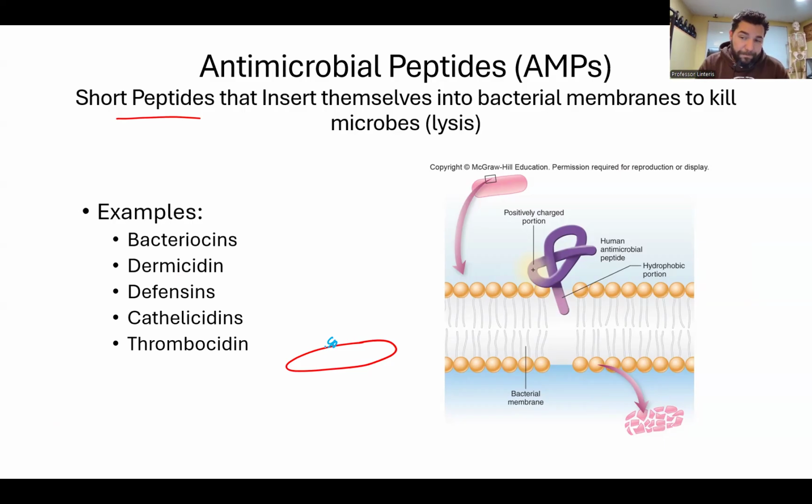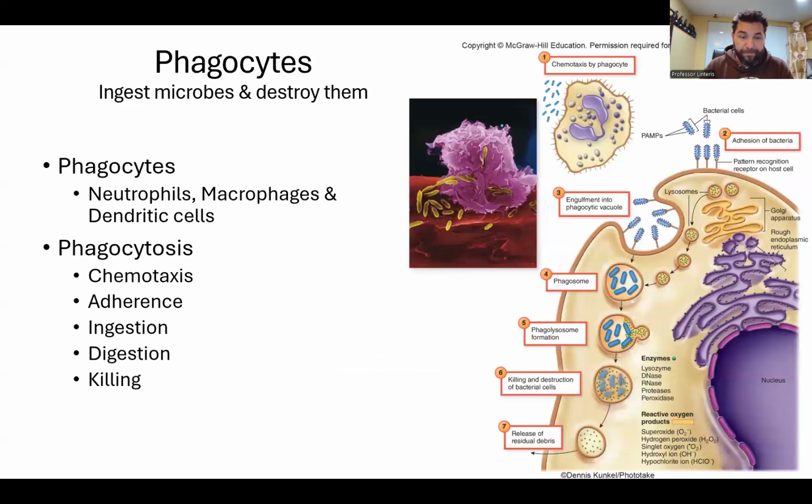It causes lysis, right? So there are specialized proteins that are capable of literally injecting themselves, if you will, it's not really the right word, incorporating themselves into a membrane, and that triggers that bacteria to lyse. These are antimicrobial proteins.